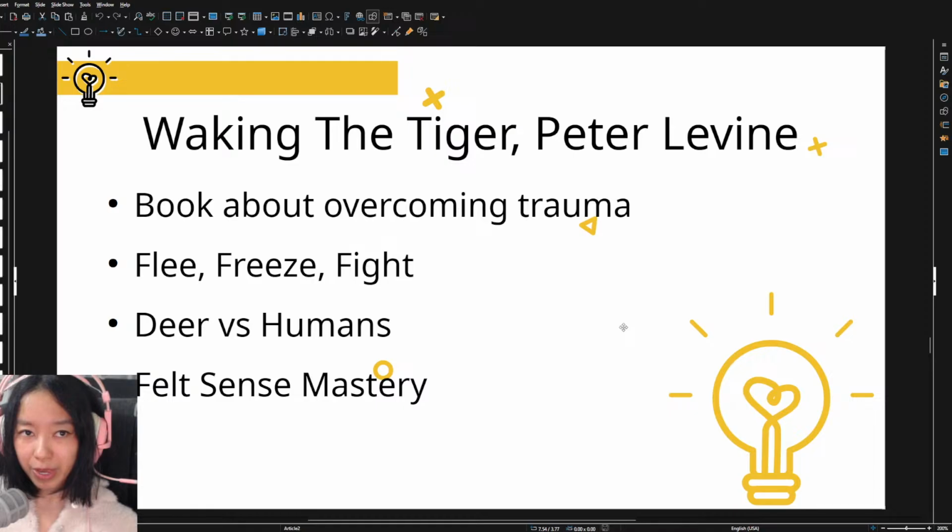But when they survive it, the tiger runs away, or for some reason they didn't meet death at that time, the deer will shake itself off and then walk away like nothing happened.